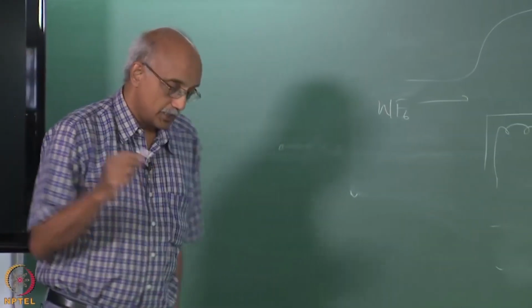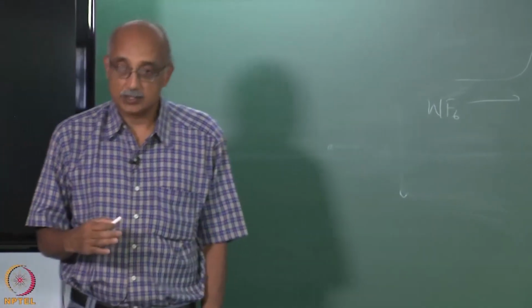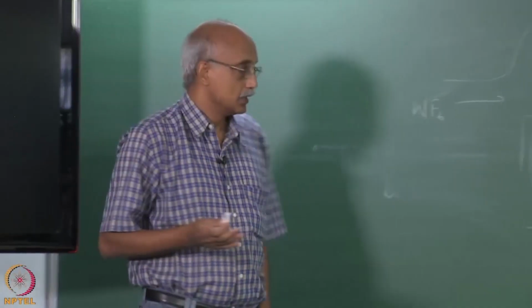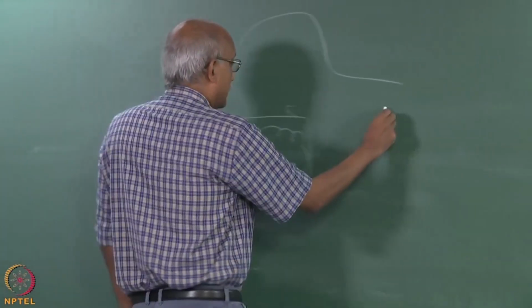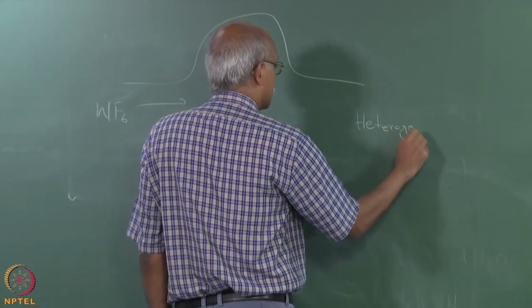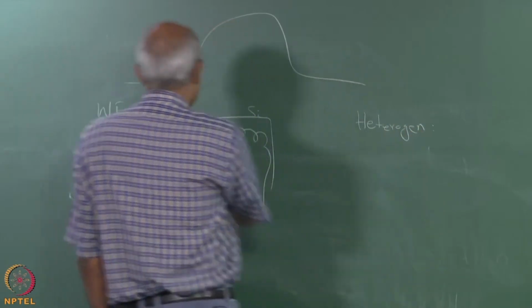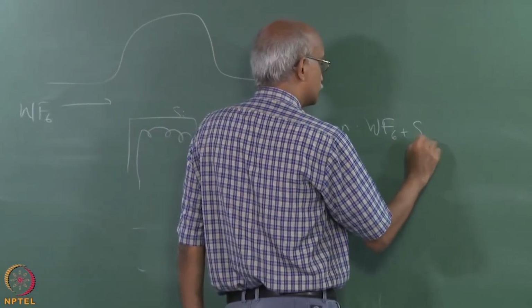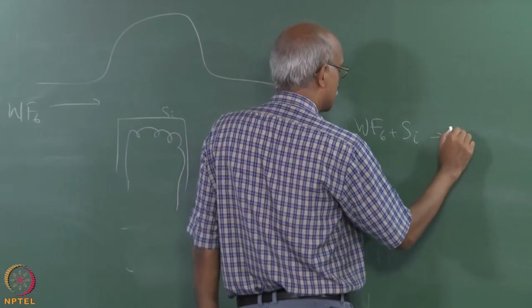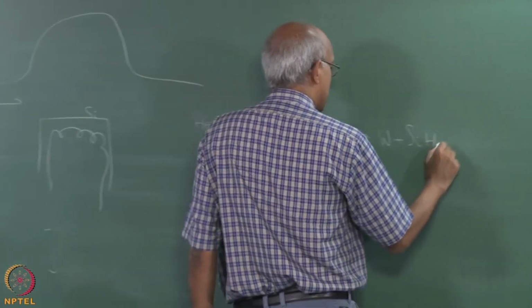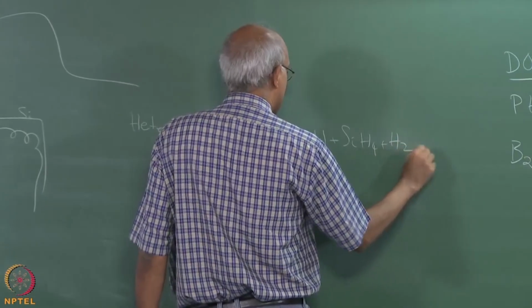The deposition can be done through a heterogeneous reduction process or through a homogeneous reduction process. So, in the case of the heterogeneous reduction process, this WF6 will actually react with the Si substrate itself and make W plus SiH4 plus H2.